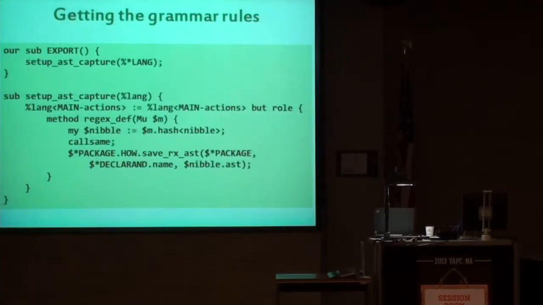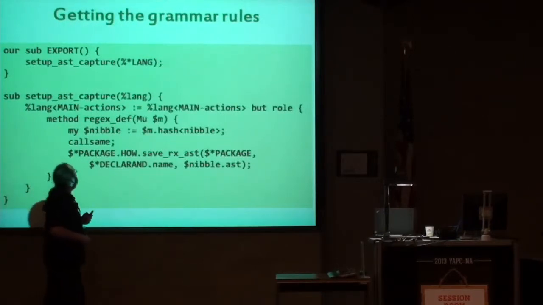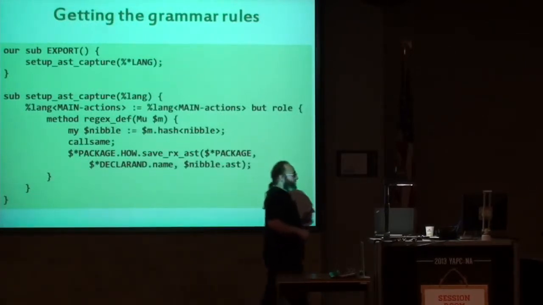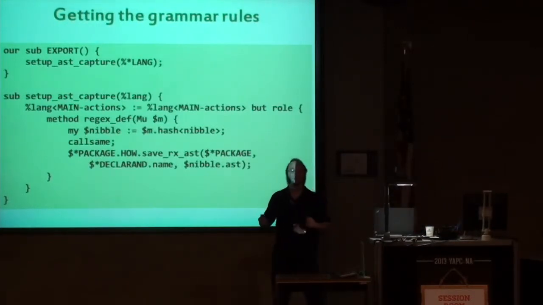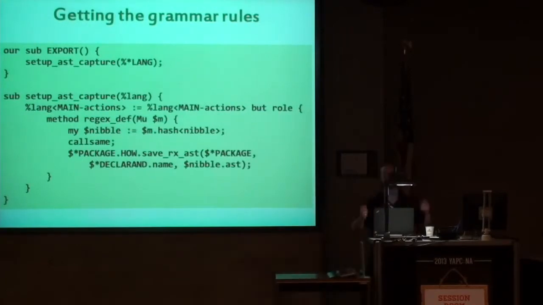And when we get to the end, if you want to make bytecode, we just serialize a lot. But we can get hold of them as we're parsing. So what we do is we just steal these bits of ASTs, and we save them under the rule name. Well, that was naughty. Yes. But we didn't have to write any C. Yeah, and it's portable. It'll work on Rakudo on JVM eventually as well.